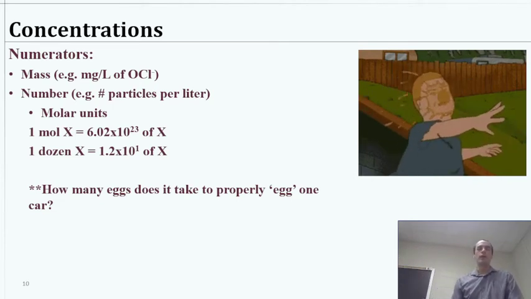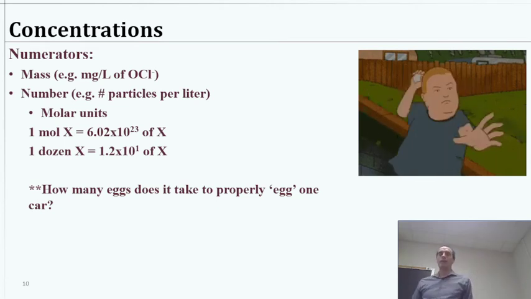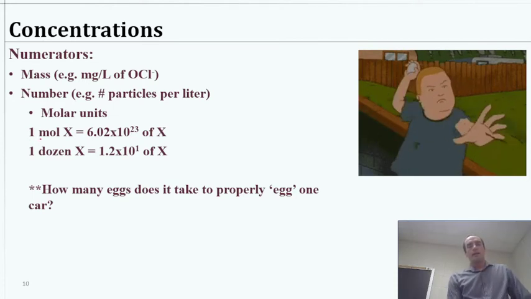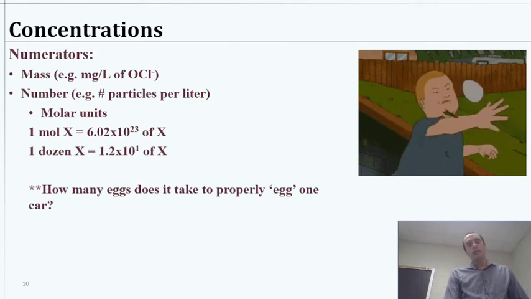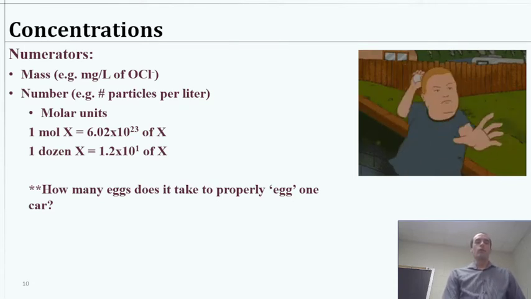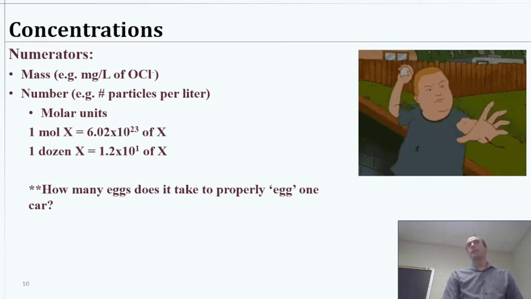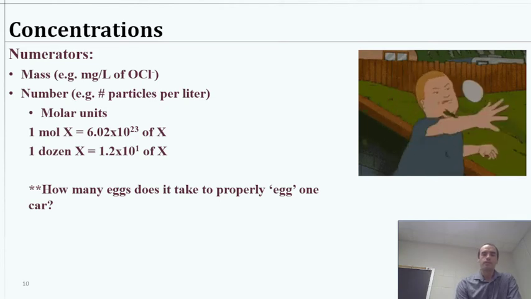So it puts it into a perspective that as humans we can deal with. So with that, if 1 mole of X is 6.02 times 10 to the 23rd of X, then 1 dozen of X is 1.2 times 10 to the 1 of X, right? So it's really just the same thing when you think about it.